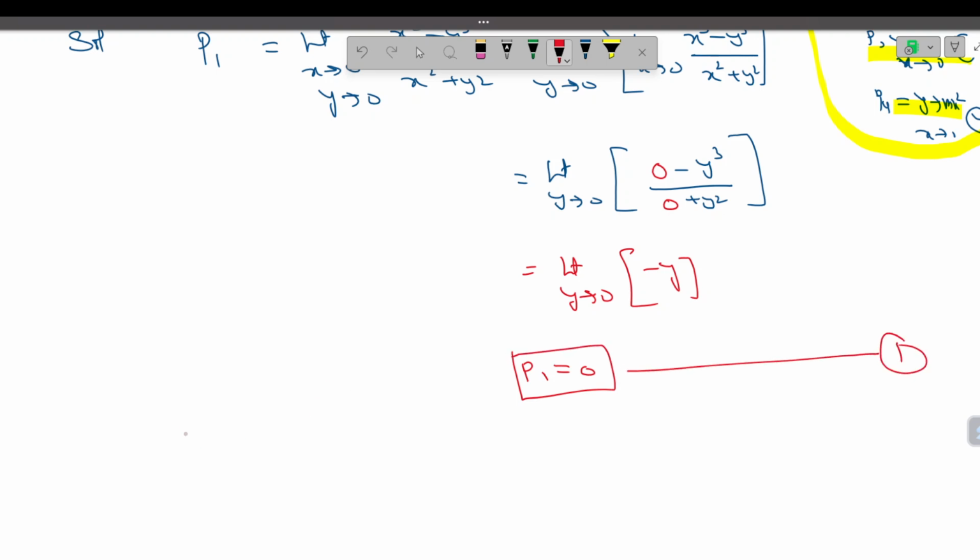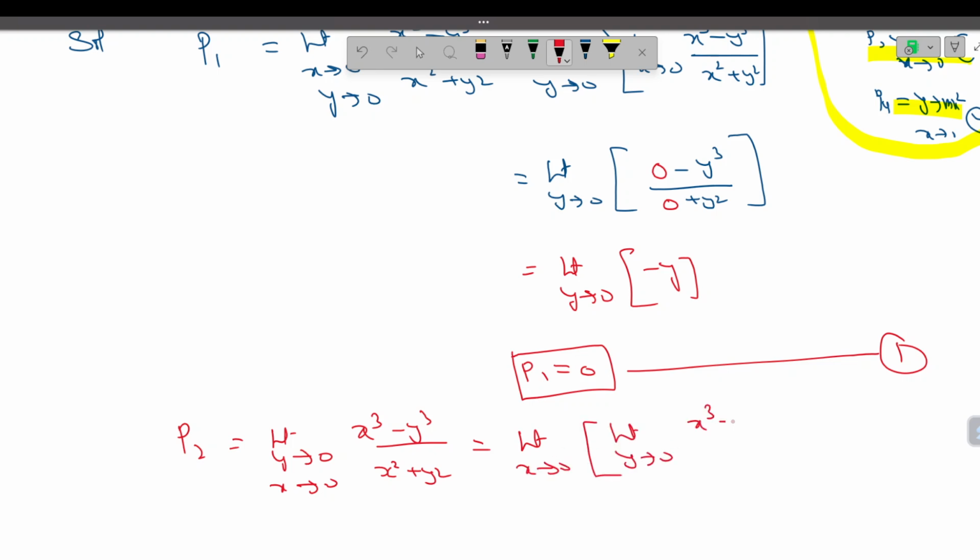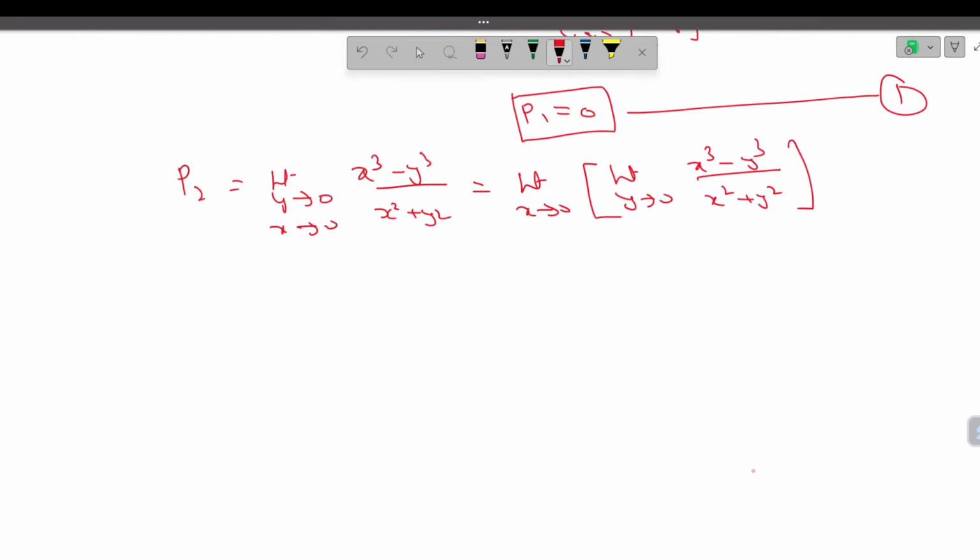Name it number 1. Now for P2, limit y tends to 0 first, then x tends to 0, the opposite of P1. Our problem is (x cube minus y cube) by (x square plus y square), with limit x tends to 0 outside and limit y tends to 0 inside.